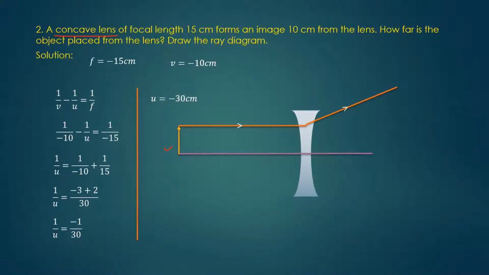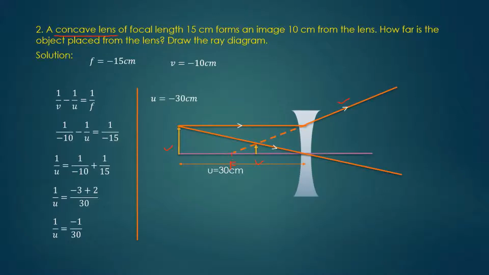When we extend it geometrically, it will pass through the focus, and if ray is passing through the optical center of the lens, it will go straight. So these rays do not intersect each other after refraction, but when we extend them geometrically, they will intersect at this point. So image will be formed at here.